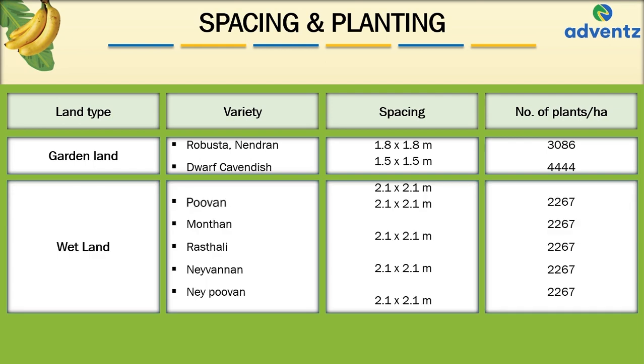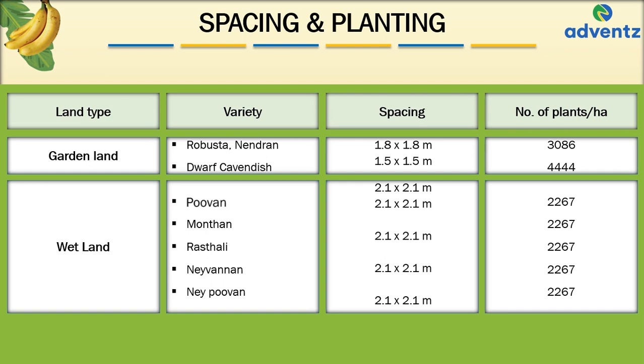For the land type wetland, for the varieties which are Puvan, Monthan, Rasthali, Nivyanan, and Nepuvan, the spacing requirement is 2.1 x 2.1 meters and number of plants required per hectare are 2267.